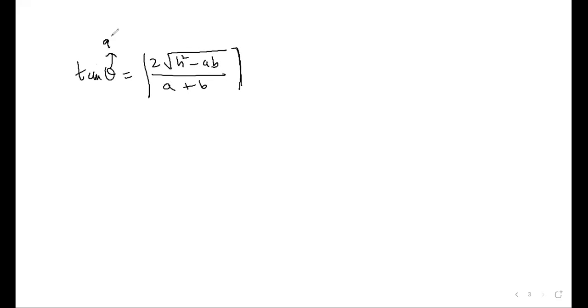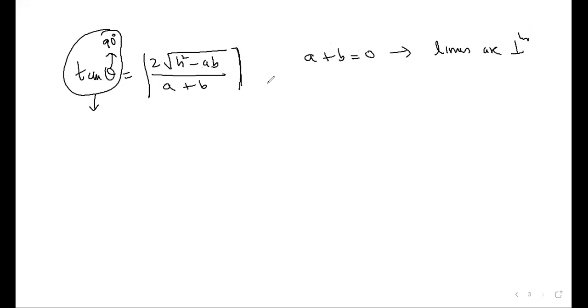Lines are perpendicular means theta should be 90. Tan 90 is infinity, so the denominator is 0. So if a plus b is 0, lines are perpendicular. If h square minus ab is 0, that means the angle between the lines is 0, lines are coincident.